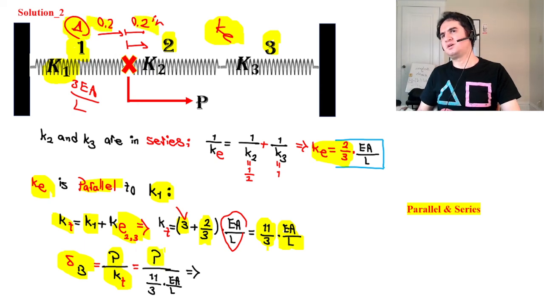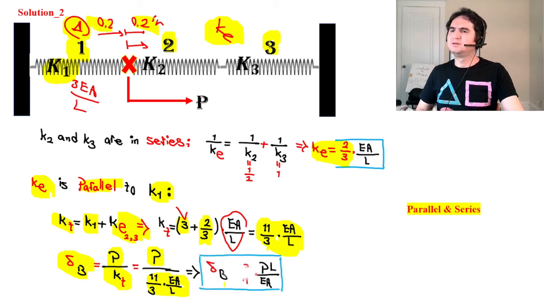So P over the total stiffness of 11 over 3 EA over L gives you delta B, again the same numeric value which we calculated in the previous solution. The first solution was the normalizing solution, and the other one is beams or pieces in series and parallel. Thank you.